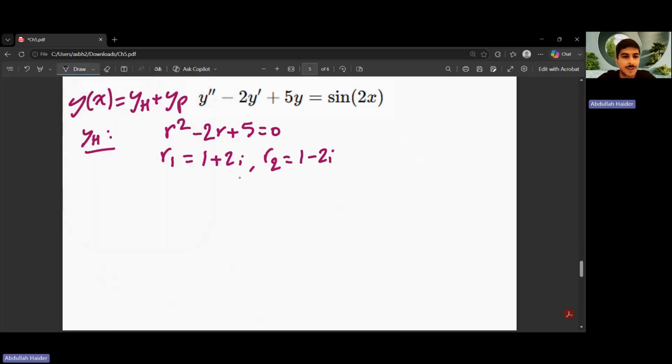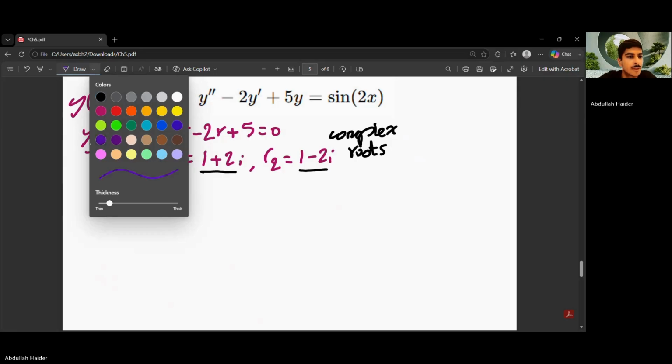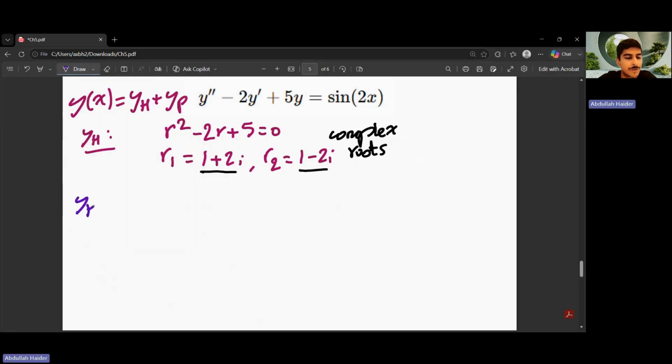So once again, you have complex roots, and our homogeneous solution will therefore be in the form c1 e power ax cosine bx plus c2 e power ax sine bx.